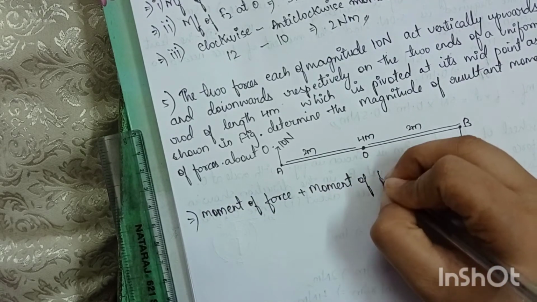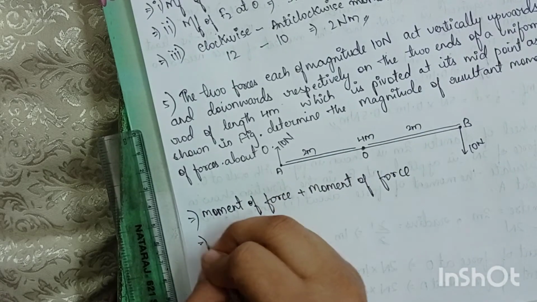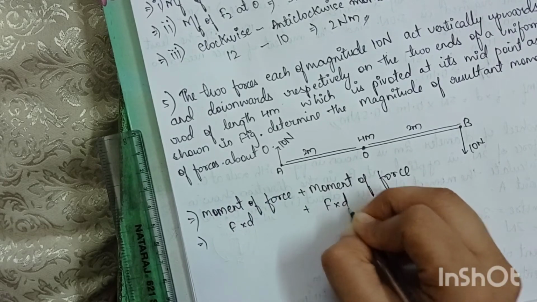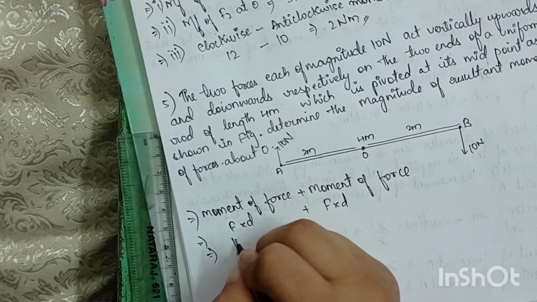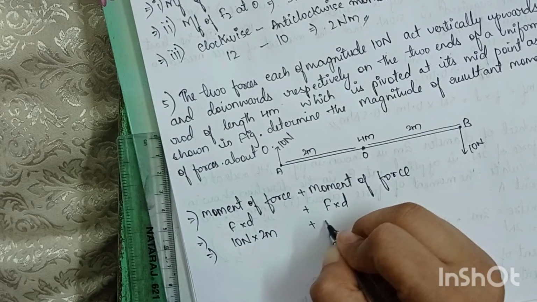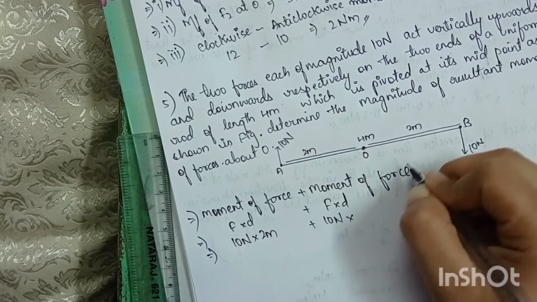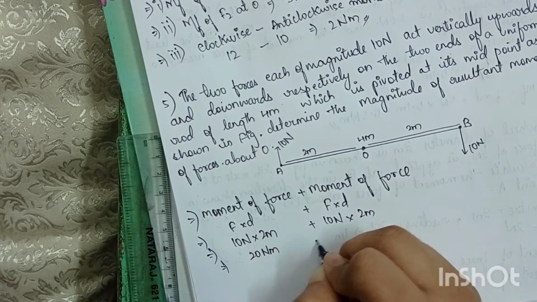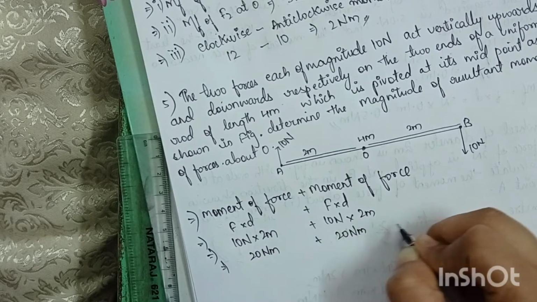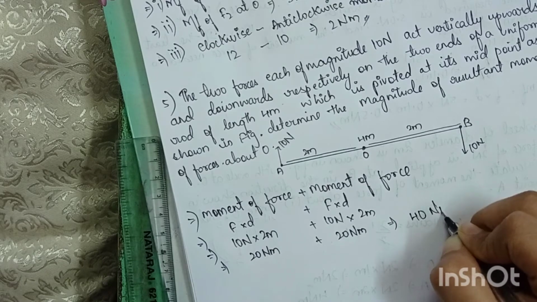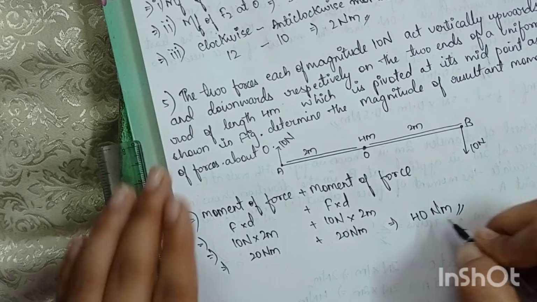Then moment of force is F into D plus F into D. Our force 1 is 10 Newton into D, which is 2 meter, plus our force 2 is also 10 Newton into 2 meter. So this is 20 Newton meter plus 20 Newton meter, which will be 40 Newton meter. So this is the answer, fifth answer.